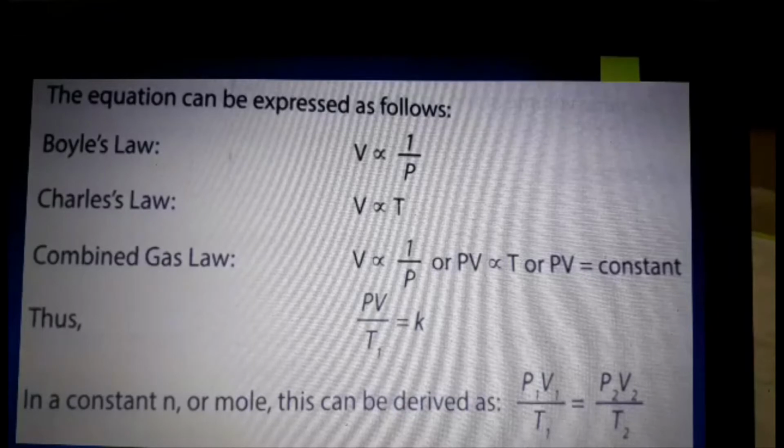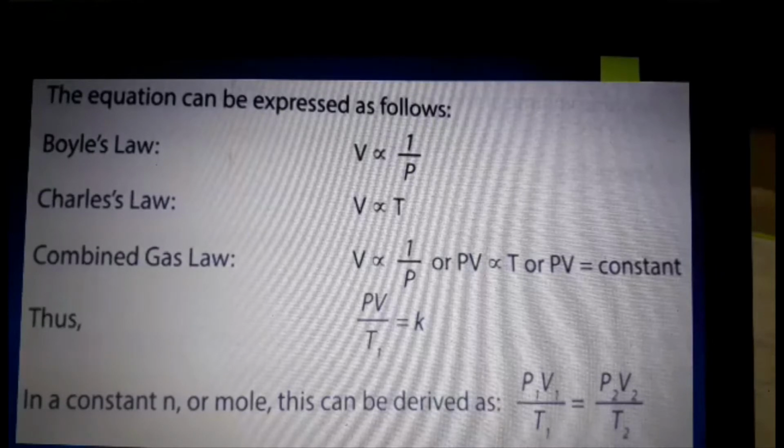Combining these, volume is inversely proportional to pressure, so PV is proportional to temperature, or PV over T is constant, where the mole is constant.